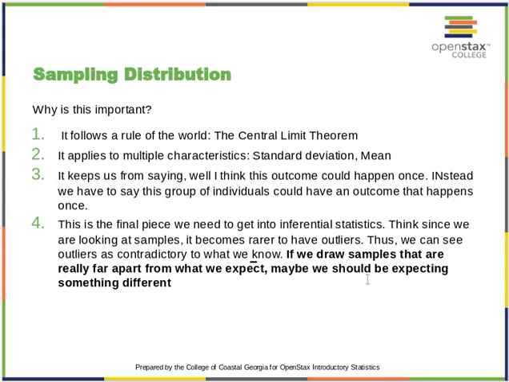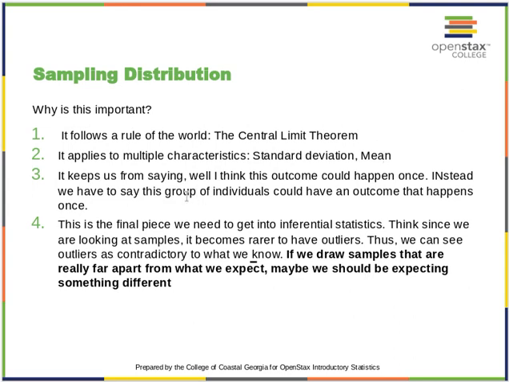And 3, it can keep us from saying, well, I think I could have drawn an outcome once. Anything can happen once. Instead, we have to say this group of individuals or this group of outcomes could have an outcome that happens once.